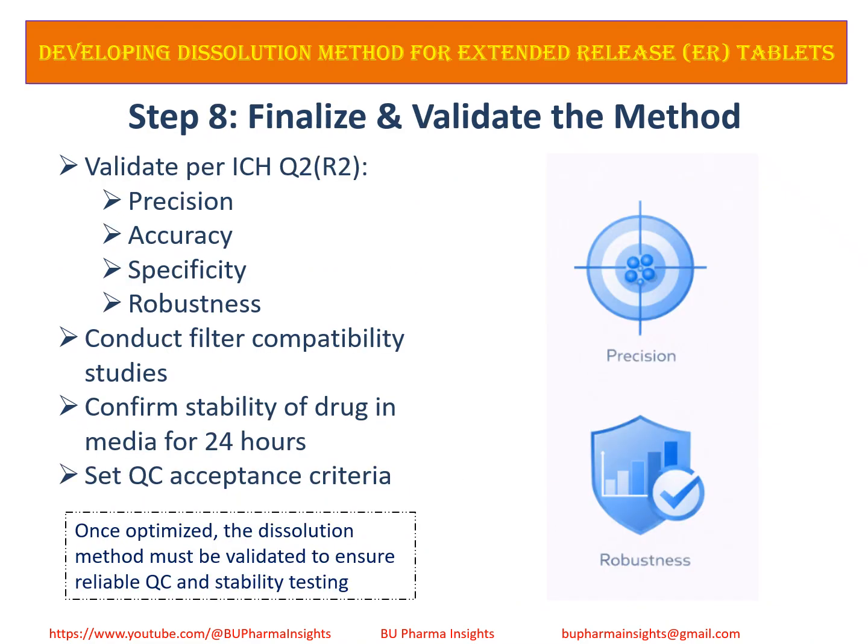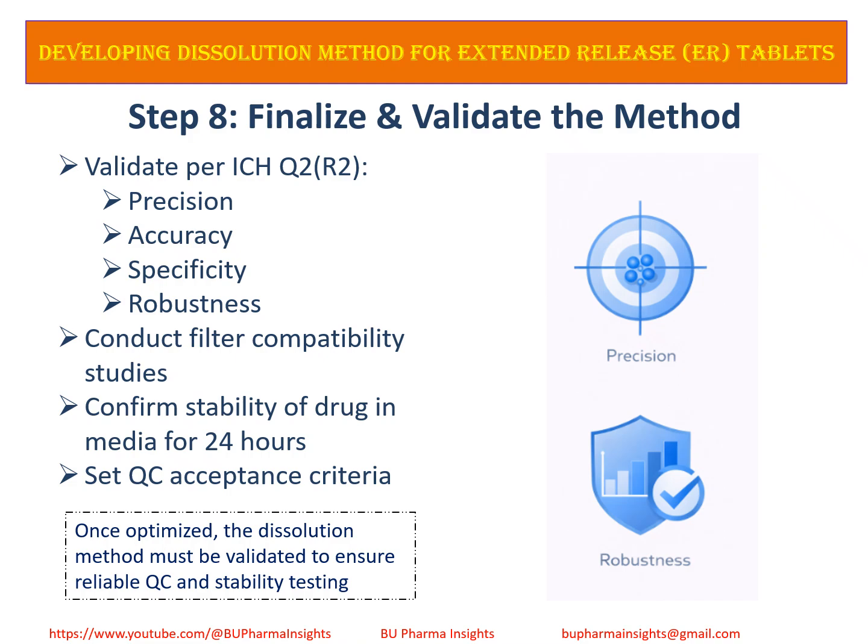For extended release dissolution methods, long duration stability in the dissolution medium is essential because these tests may run 8 to 24 hours. We must confirm that the drug remains stable in the medium for the entire test duration. Robustness testing is critical and should include deliberate variations in RPM, medium pH, degassing conditions, basket or paddle alignment.